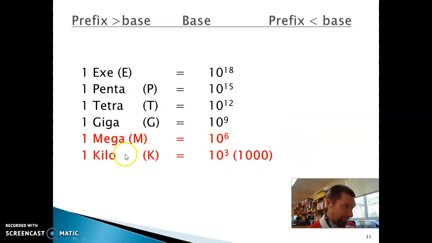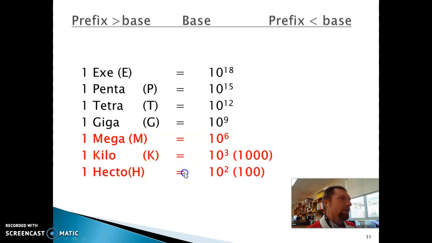So if I say a kilometer, that means that I have 1,000 meters. Or if I say a kiloliter, then I have 1,000 liters. Anyways, a kilometer is 1,000 meters. A kiloliter is 1,000 liters. Anything you put there, a kilogram is 1,000 grams.